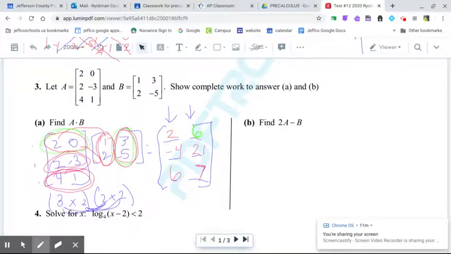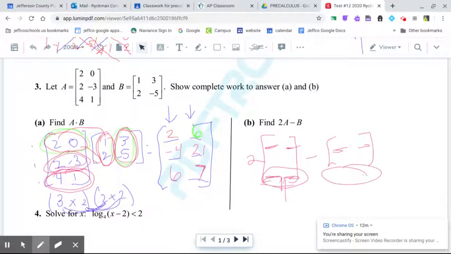Okay, 2a minus b is subtraction. And if you're trying to subtract, it's totally different than addition. When you add or subtract, you add things in like places. Well, if these are different dimensions, then what do you do with this third row? There is no third row over here. Well, that's just not possible.